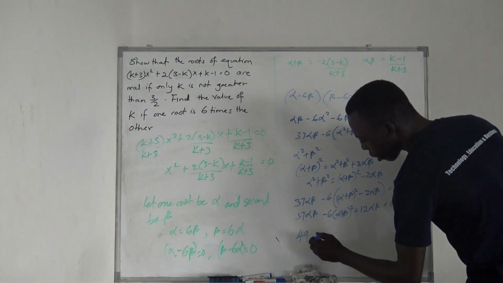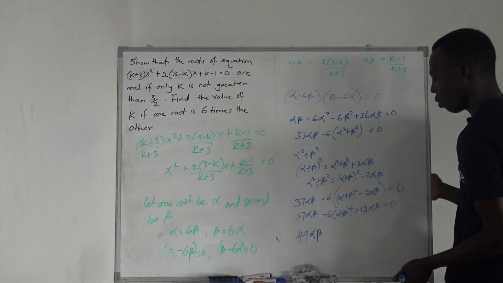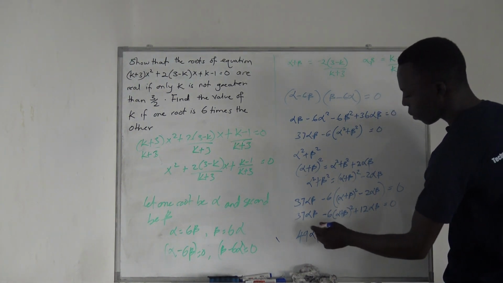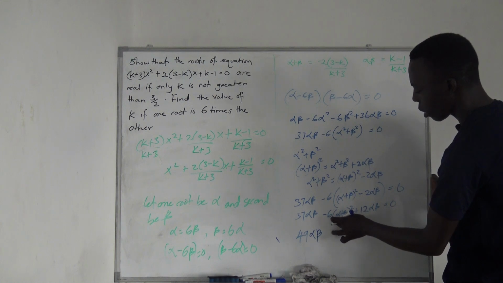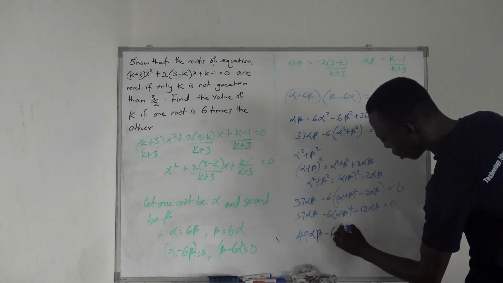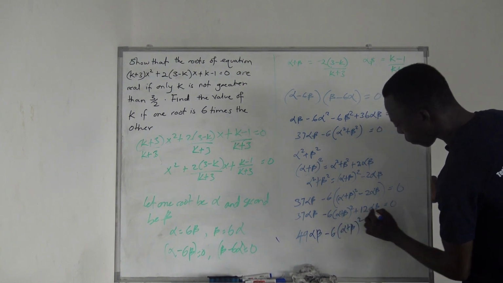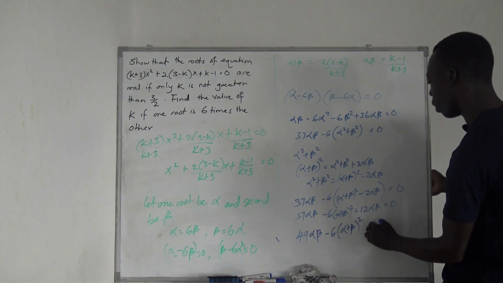So we have 49 alpha beta, minus 6 into alpha plus beta, the whole thing squared, equals 0.